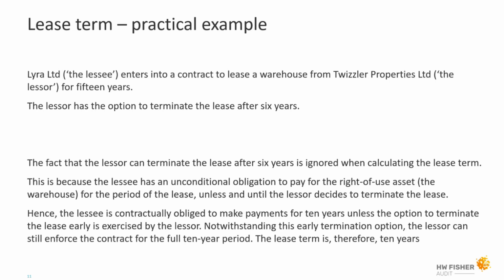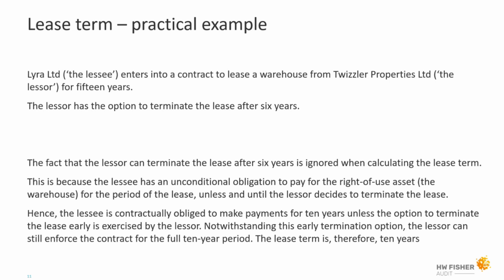That's a really critical piece when we're thinking about what the contract says. If it is only up to the lessor, the lessee, in this situation Lyra Limited, has to account for the full 15 years and bring on that right of use asset and the reflective liability onto the balance sheet, because there is that unconditional obligation.